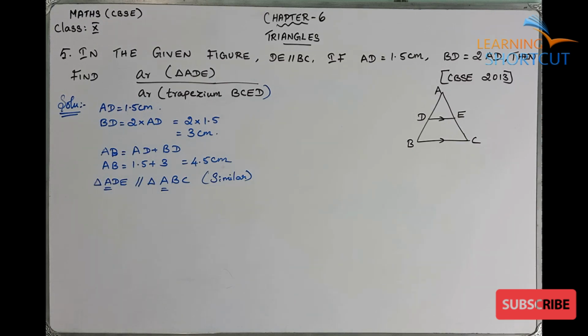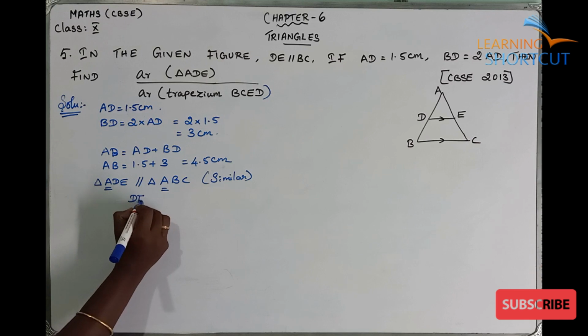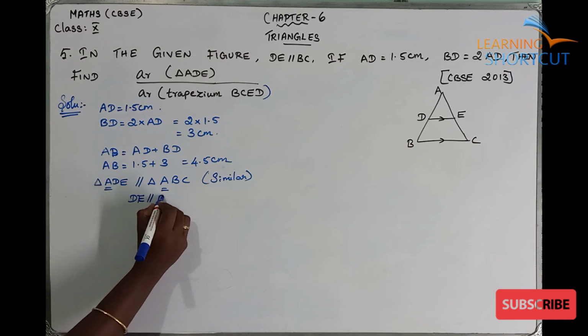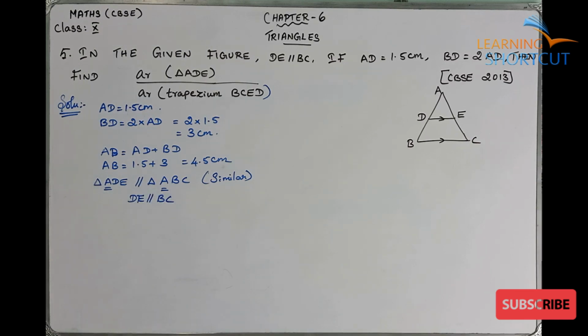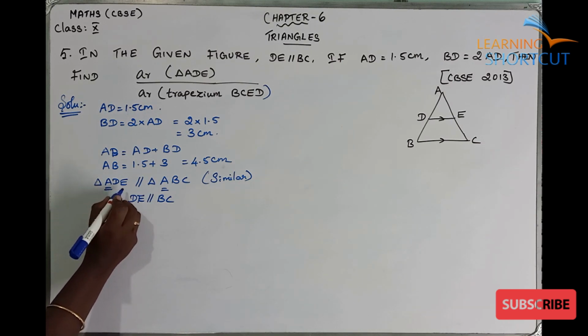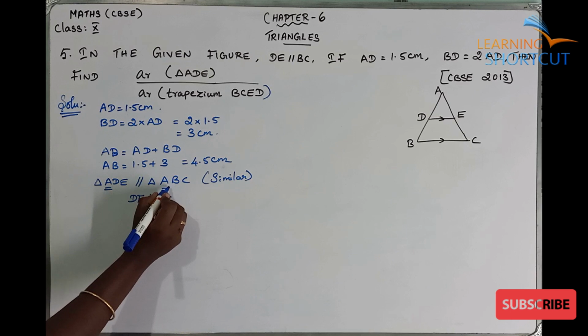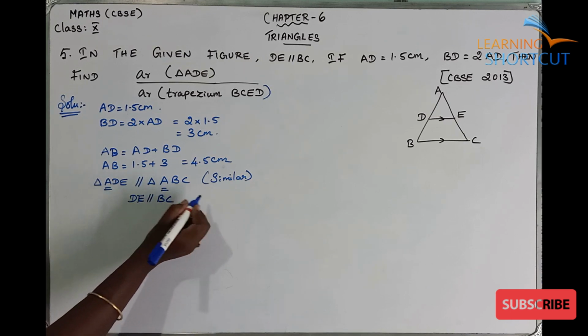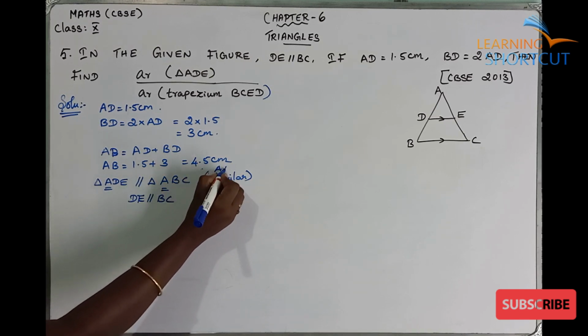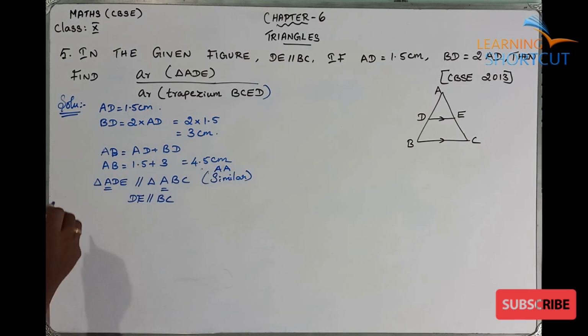They have given in the question also DE is parallel to BC. So we can consider that triangle ADE is similar to triangle ABC. Yes, according to the AA similarity theorem, we can write like this.